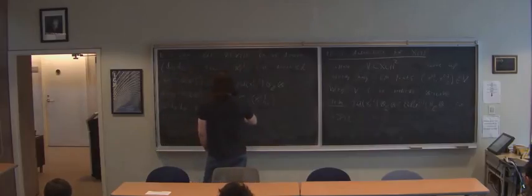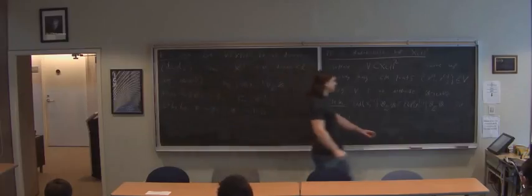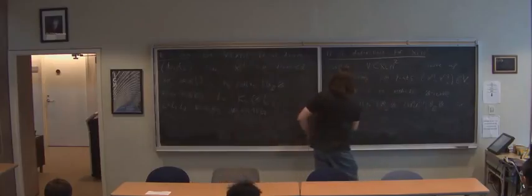And let M be the intersection of KL1 with KL2. Okay, so it's a lot of definitions, but once I write the field diagram, it clears it up.